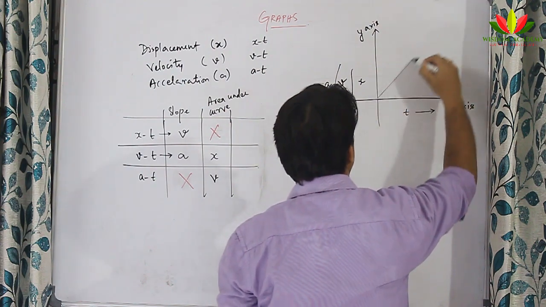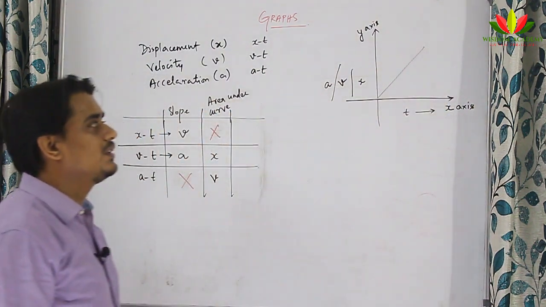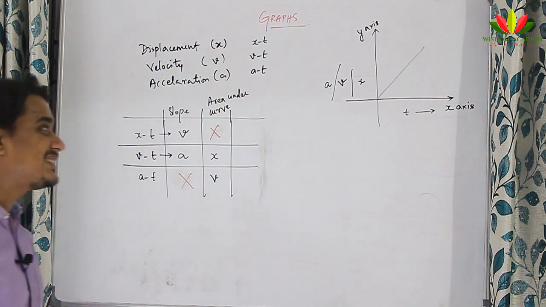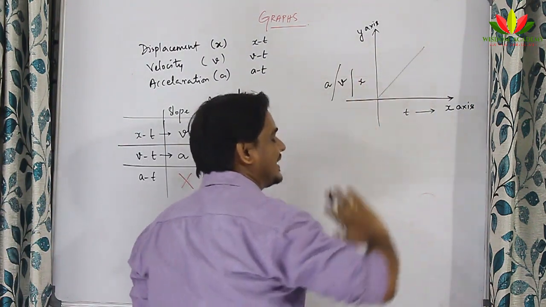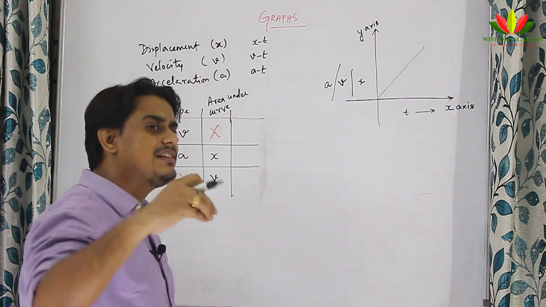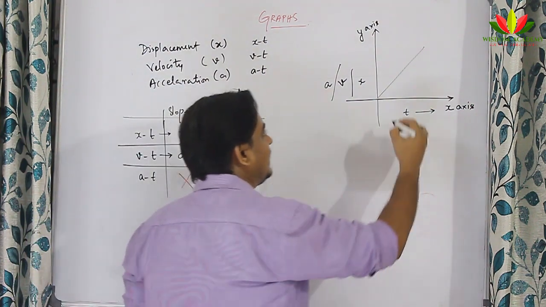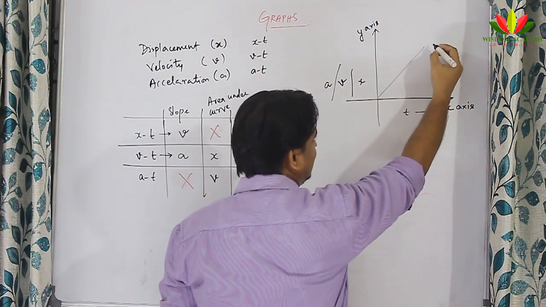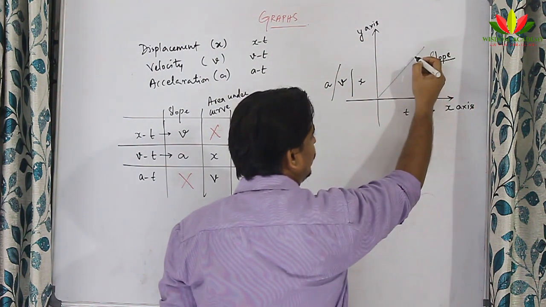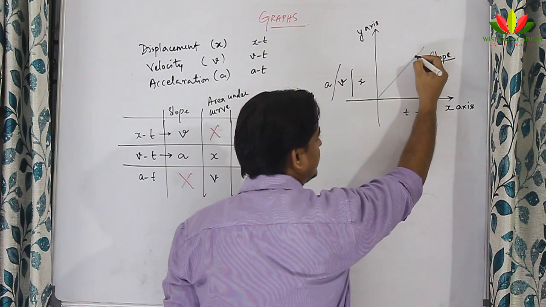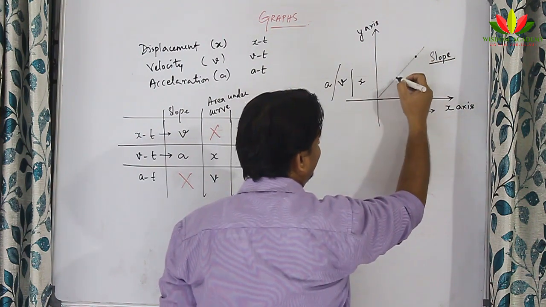I am drawing a very basic curve, a straight line. When I say slope of this line, it means how much angle it is inclined. In simpler words, to find the slope of this line, suppose I have taken one point here and one point here.